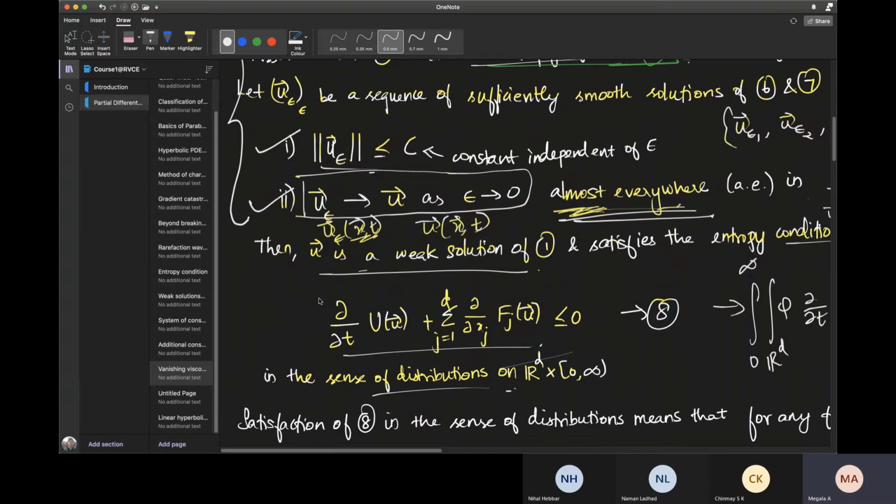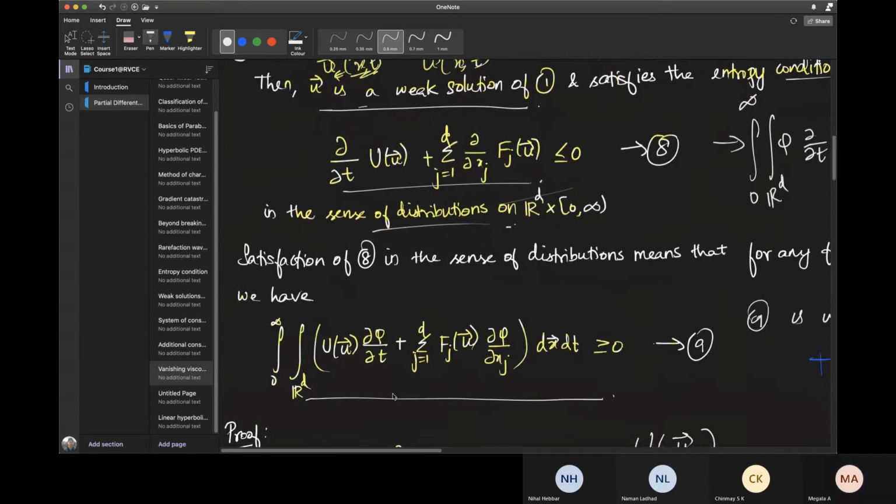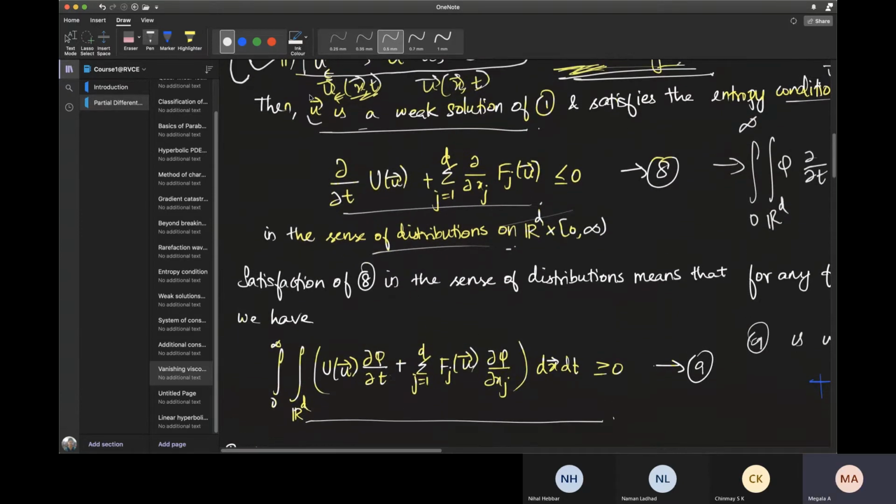Okay. So if you again multiply this inequality by a test function, do integration by parts, then you get a weak form of this inequality, and that is this one. So this u vector is a weak solution, and it also satisfies this weak form.